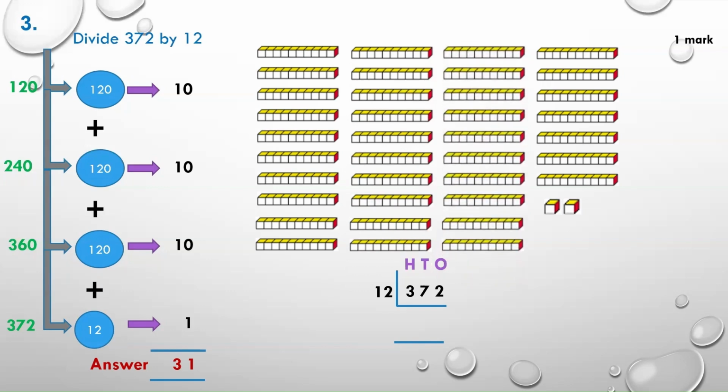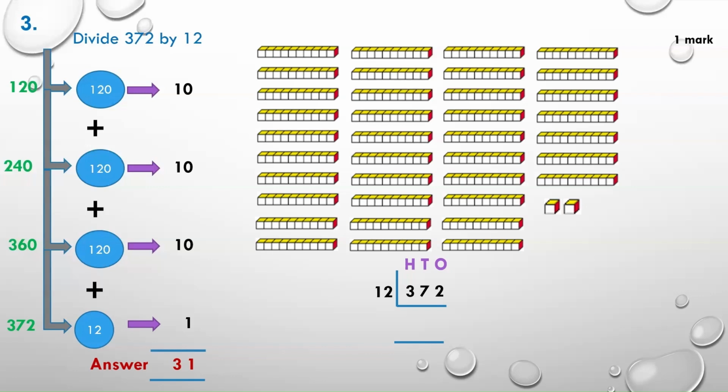What does that mean? We tried to divide 12 into 3, meaning we had 3 of those squares and we wanted to form groups of 12 and we couldn't. So we looked at now, not 300s, where we replaced it by 30 tens, and we had 7 tens from before. So we have 37 tens.